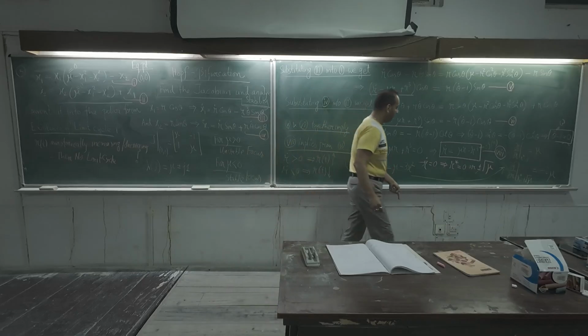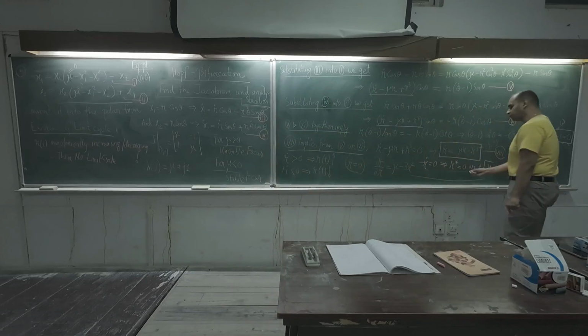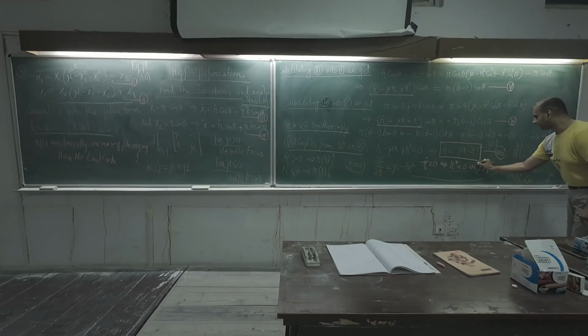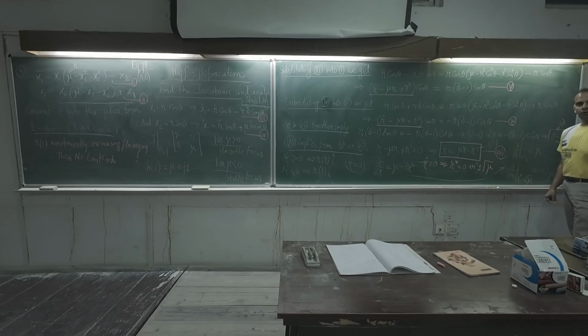From this you have two solutions. One is r star equals 0, another one is r star equals root over mu. Now you have to check whether these equilibrium points, of course in polar coordinates, are stable or not with respect to mu, and from that we are going to draw the bifurcation diagram.